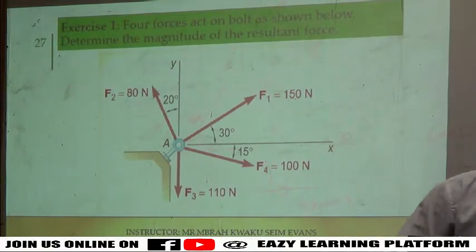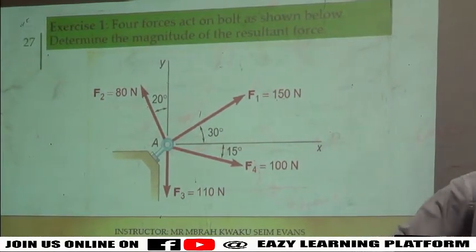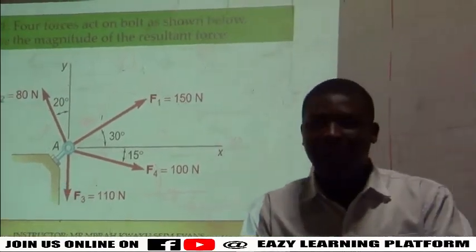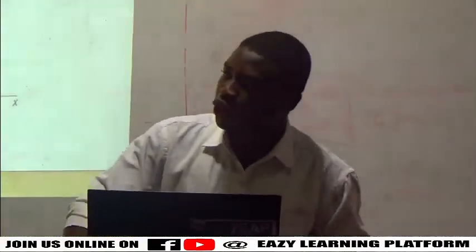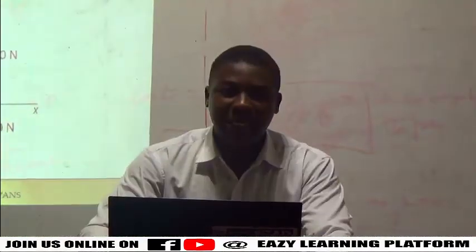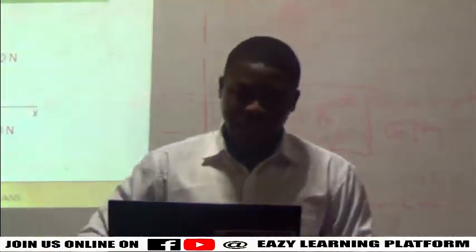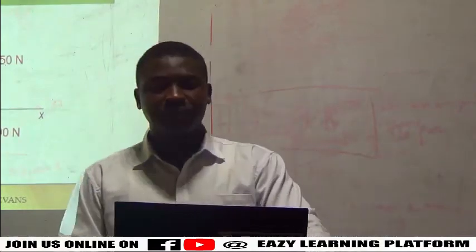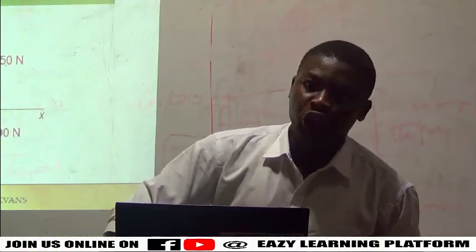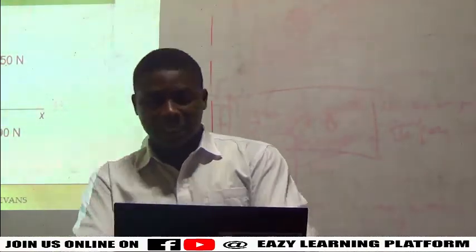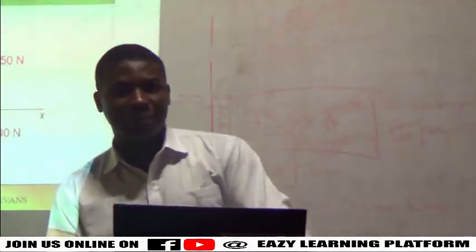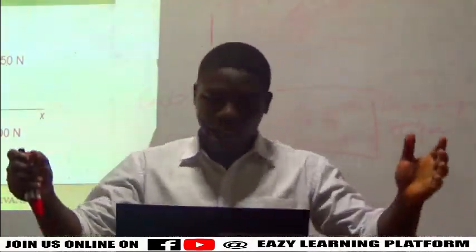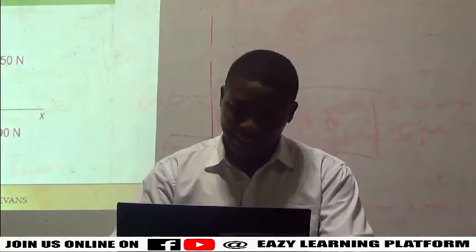Having obtained sigma Fx and sigma Fy, you use the formula Rf is equal to square root of sigma Fx squared plus sigma Fy squared. Then to obtain the direction, you use tan theta is equal to sigma Fy over sigma Fx, and that will help you find the theta.